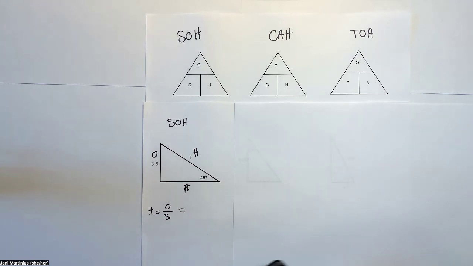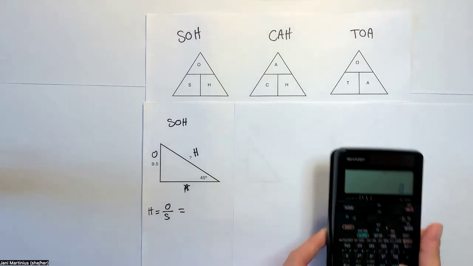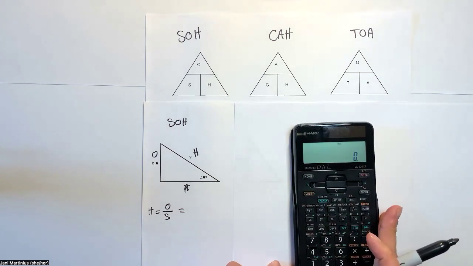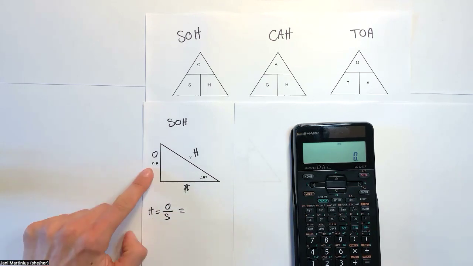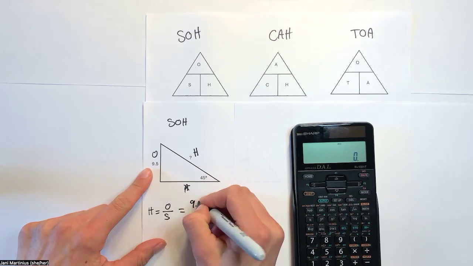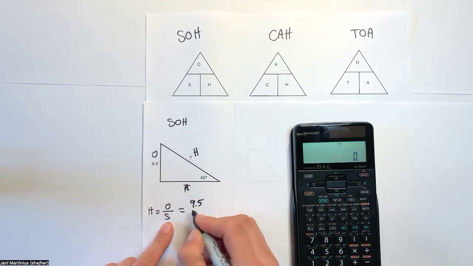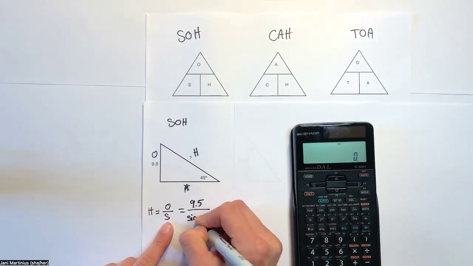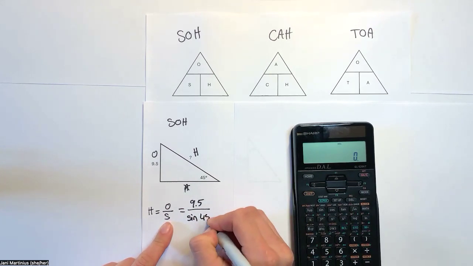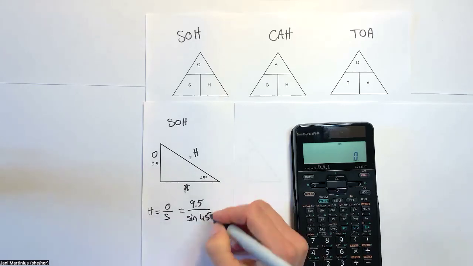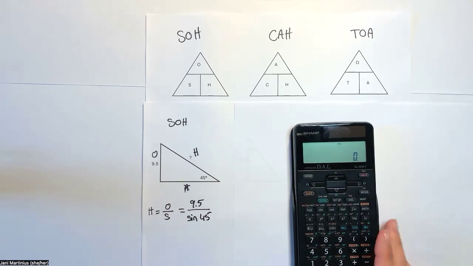Okie dokie. So from here, let's put this here so you can see it. Now we're just plugging in the numbers. We still don't know what H is because we want to find that out. O is 9.5 over S, which means sine of the angle that we are working with, so sine 45. And now all we're doing is punching that into the calculator.